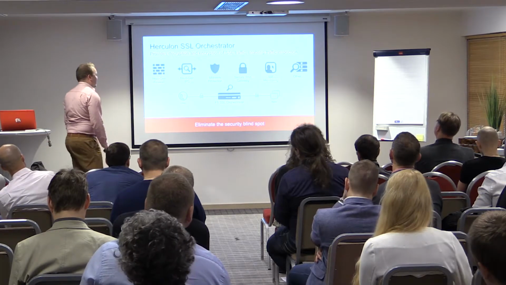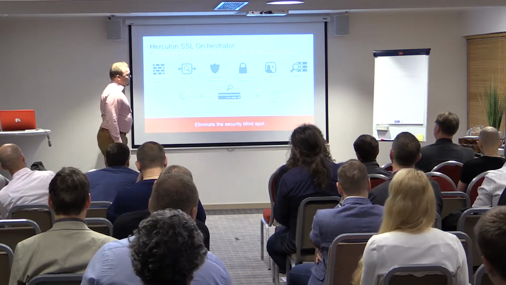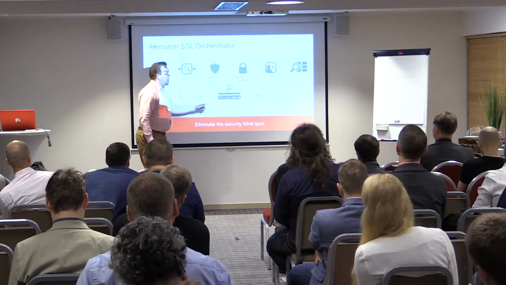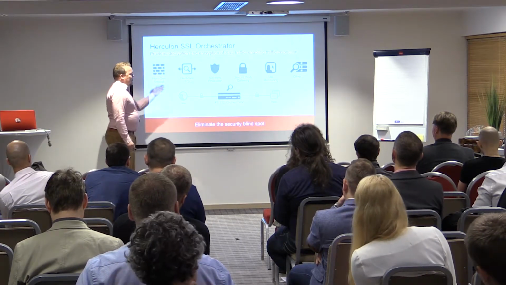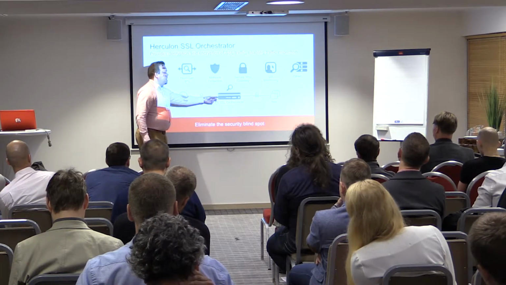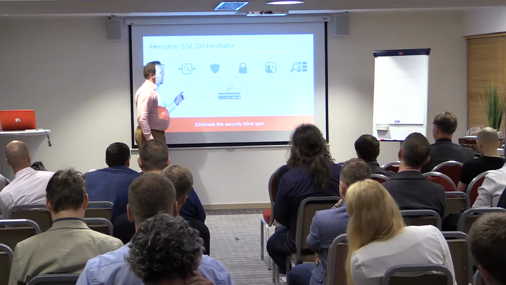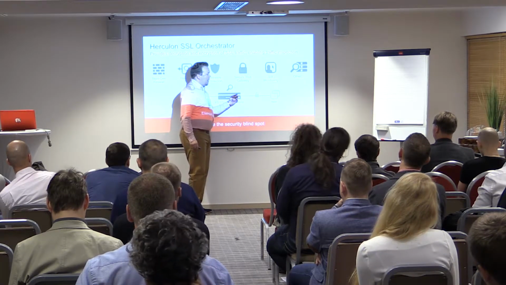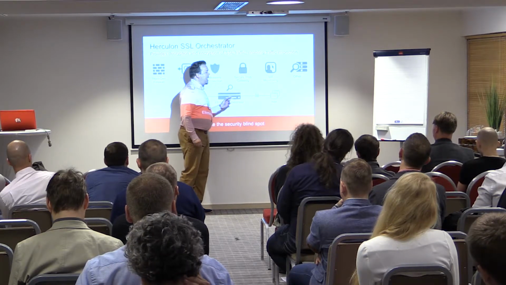So what we do, we presented some time ago the option to use F5 as an SSL orchestrator. So when traffic is coming in, we can interrupt the session by building one session between the user and the orchestrator, and then another between our orchestrator and the application.